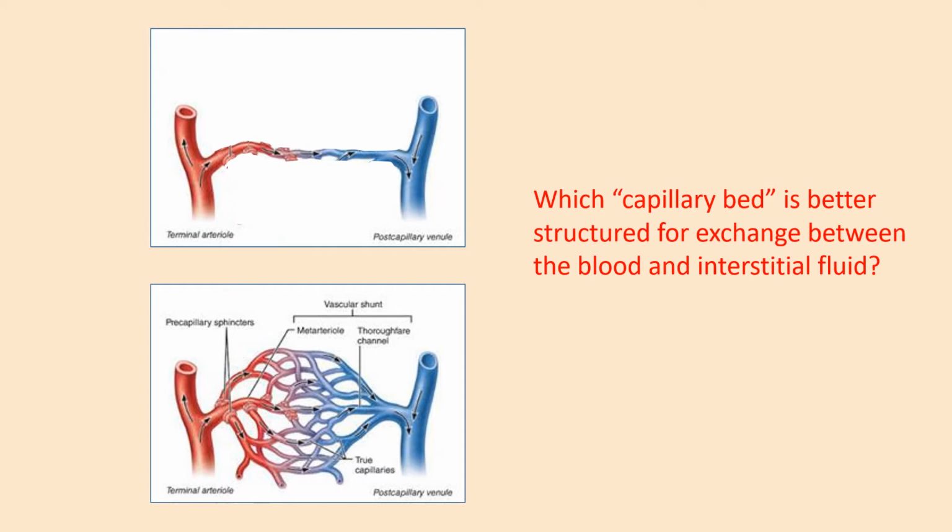So in the bottom panel, there's a much greater opportunity for exchange. The tissue cells in that bottom panel are going to be able to receive more oxygen, more nutrients that make their way out of the blood. And those capillaries are also able to take up or receive carbon dioxide and other waste products and carry them away from the tissue.